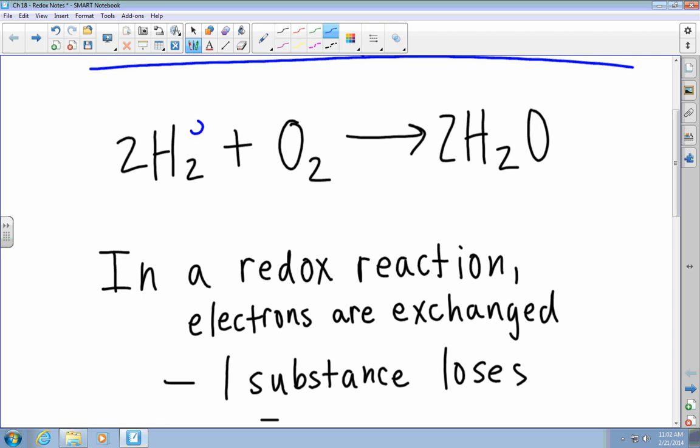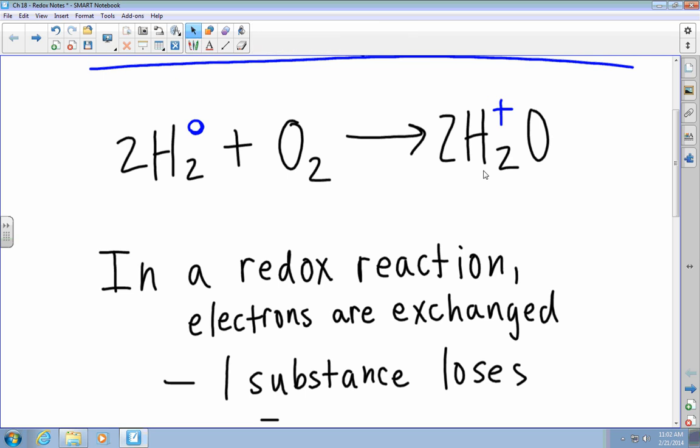So for hydrogen, the charge is 0. But over on the other side, over here it is plus. Now that hydrogen is in a compound, it does have a positive charge. So the charge on the hydrogen has changed. It's gone from 0 to +1.